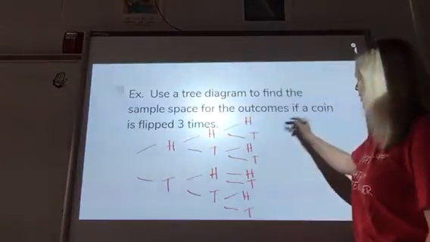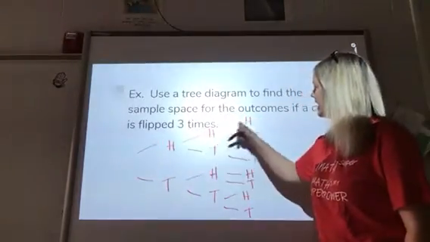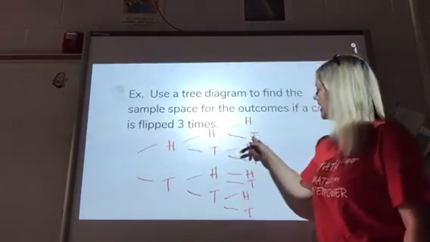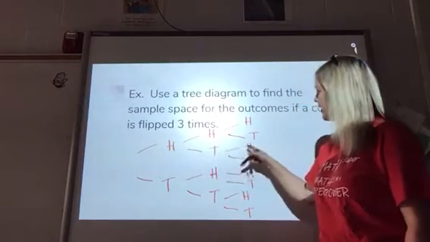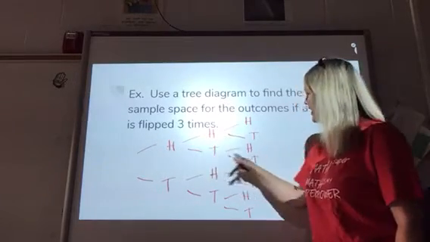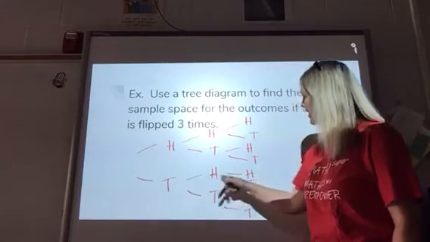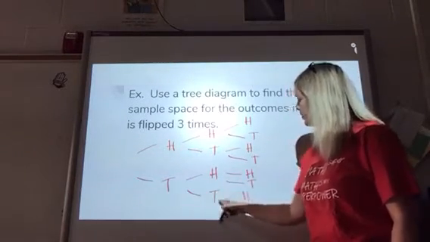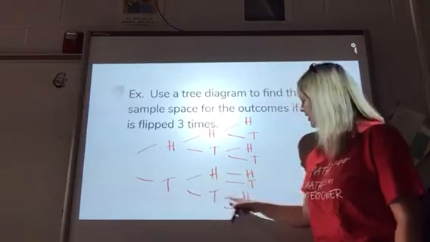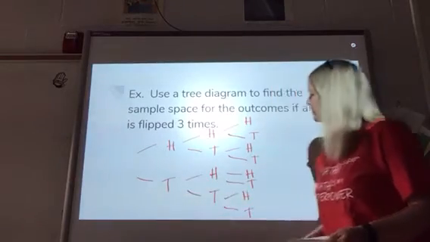So my outcomes, you can see them. I could get head, head, head; head, head, tail; head, tail, head; head, tail, tail; tail, head, head; tail, head, tail; tail, tail, head; tail, tail, tail.